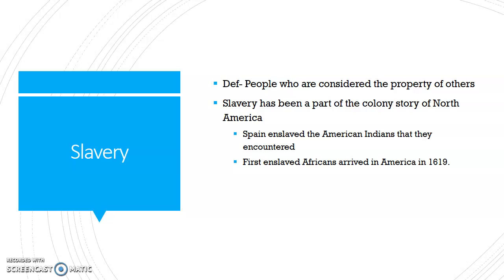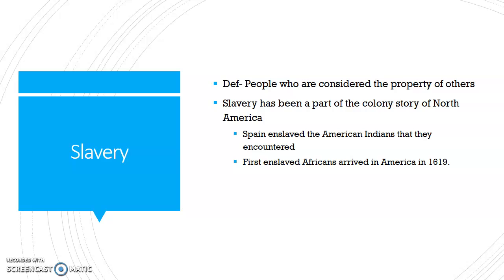So we need to talk about slavery and definitely have this definition down, where slaves are just people who are considered property of others. And as property, they were supposed to be doing work for them. We saw it as field labor mostly in the South. And this is going to be a topic that, unfortunately, we need to talk about time and time again in our country's history. Slavery has actually been part of this continent's history as soon as colonizing happened.